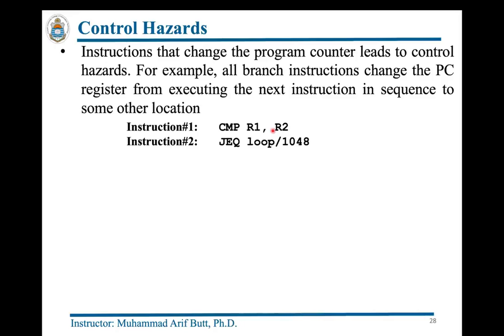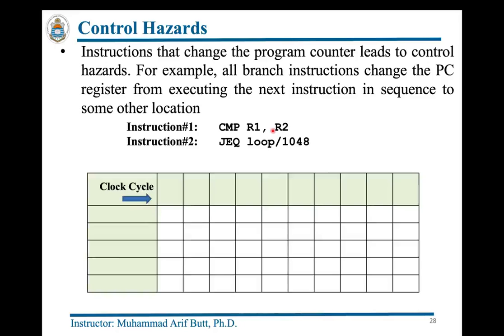Okay, so let us understand this by again an illustration using this pipeline diagram. Suppose this compare instruction is residing at memory address 104. Let's suppose this. And also assume that each instruction takes 32 bits. Well, in clock cycle 1, the compare instruction is fetched.